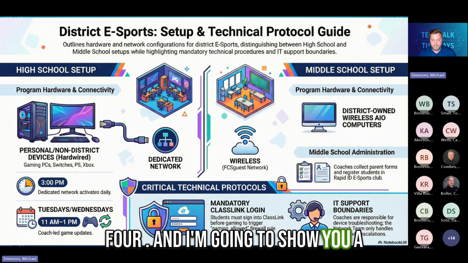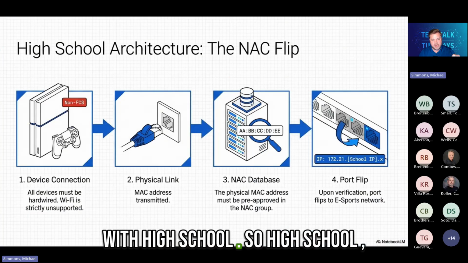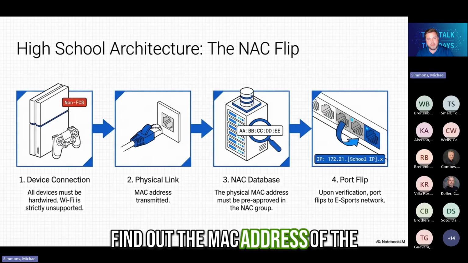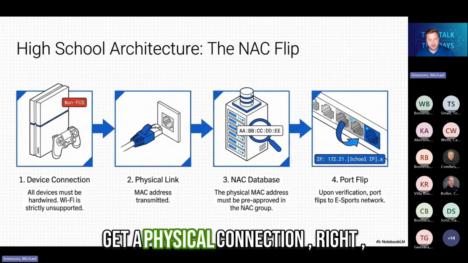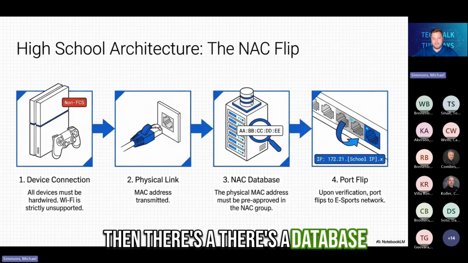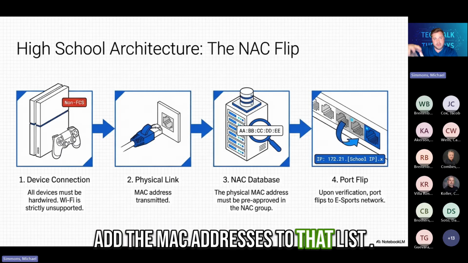And I'm going to show you a little bit more of a breakdown here. So here's the setup with high school. So high school, you get the device, and we need to find out the MAC address of the device, and then they're going to get a physical connection, right? The hardwire connection. And then there's a database that the network team would use to add the MAC addresses to that list, right?